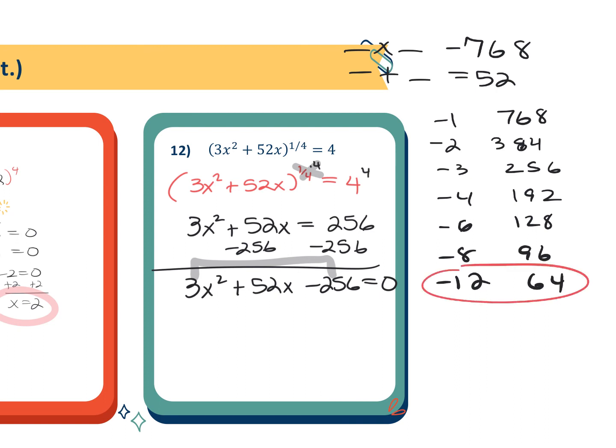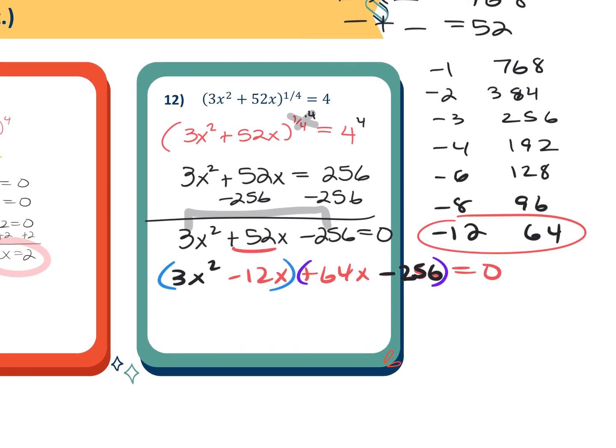So then now I'll rewrite the first term, replace the 52 with the factors I just found. So then negative 12x and the positive 64x. And again, it doesn't matter the order you put them in here. And now I need to make my groups. Blue group, purple group.